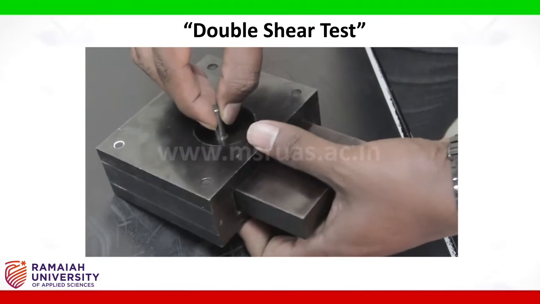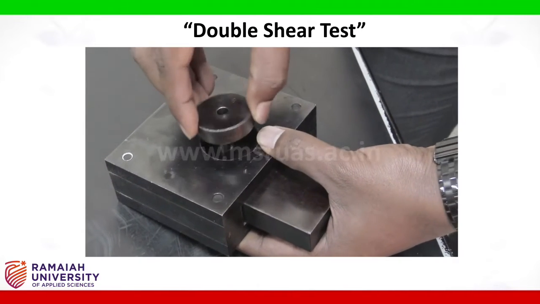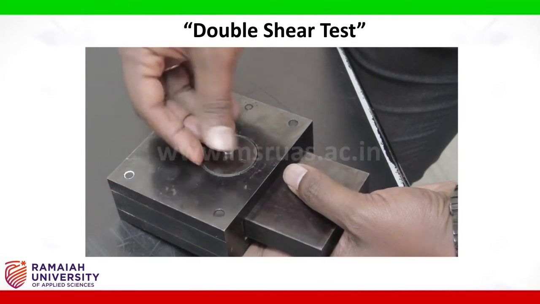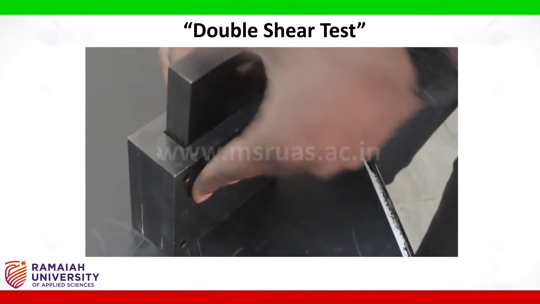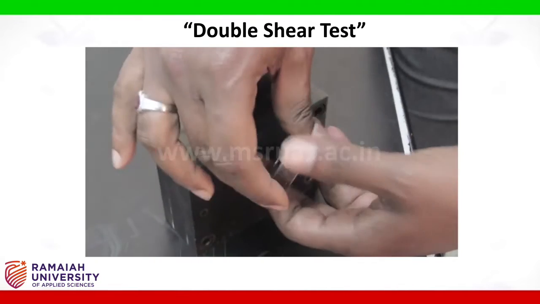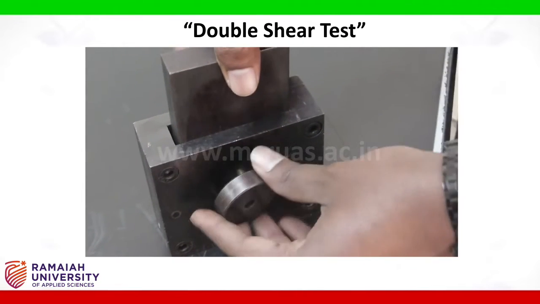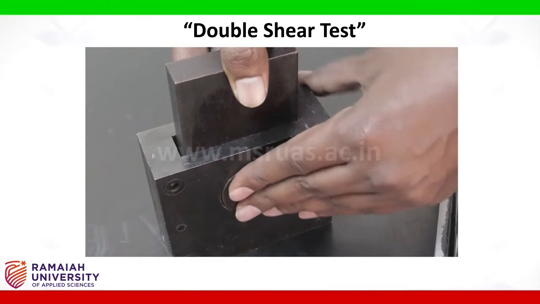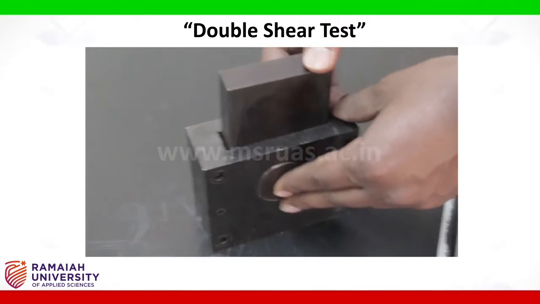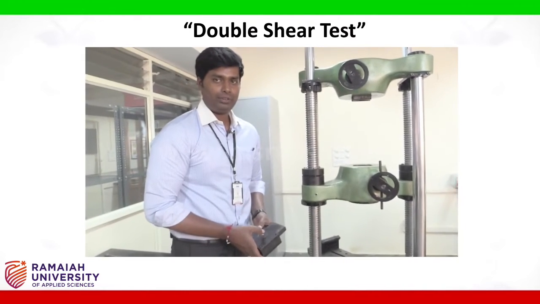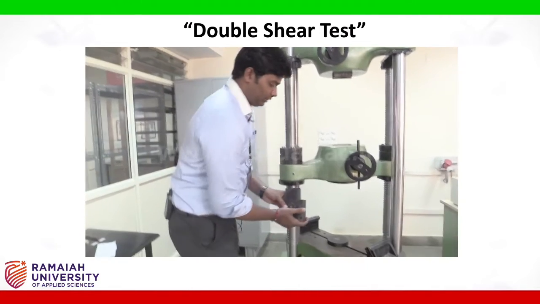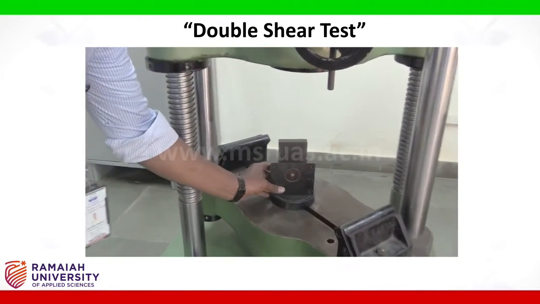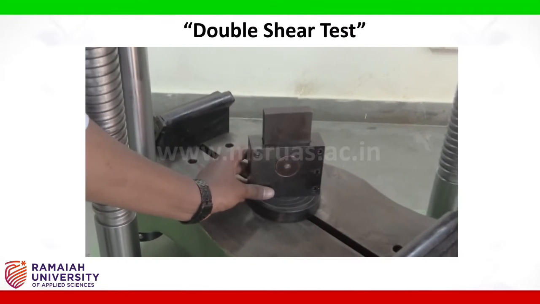Then we need to put the dies. Since we are finding the shear strength by the double shear method, we need to put the shear dies on both the sides. After placing the specimen in the shear box, we have to keep it on the lower table of the universal testing machine.